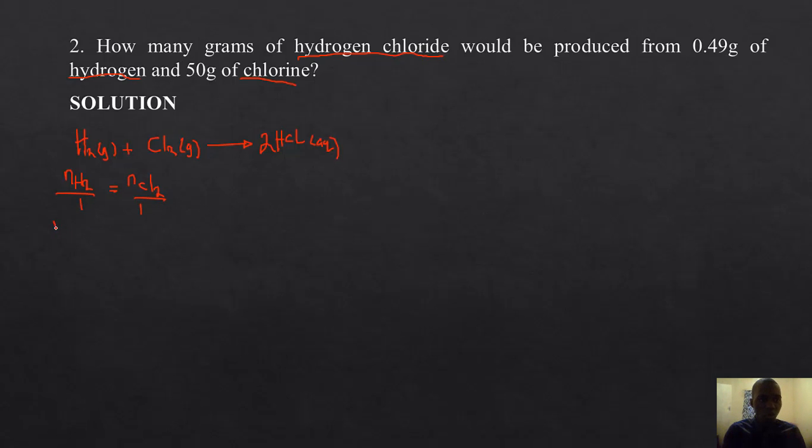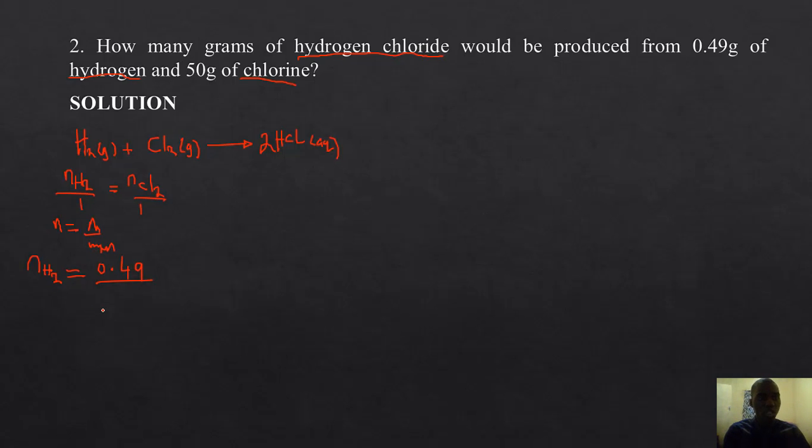Now we know that for sure number of moles is given by the formula mass over molar mass. So the number of moles of H2 will be equal to, according to the question, 0.49 grams, that is the mass, divided by the molar mass.